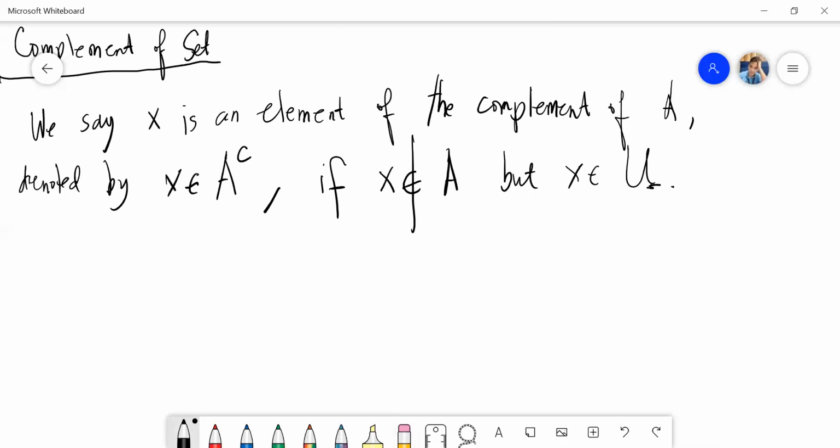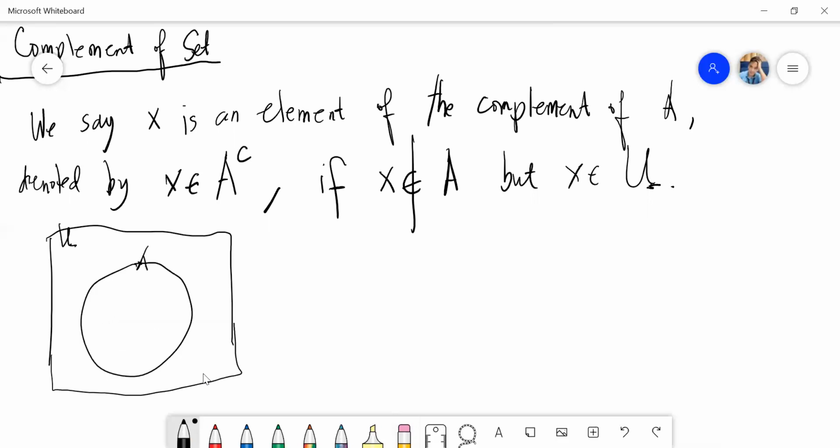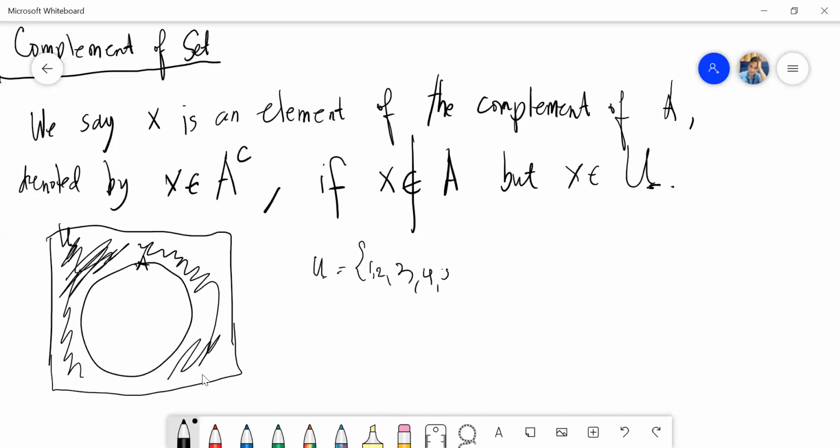The Venn diagram for that is here. This is your universal set. This is your A here. So taking the complement of A, you're actually taking what is not in A. So you're taking outside A, but inside the universal set, of course. So say, for example, your universal set contains 1, 2, 3, 4, and 5. Your A contains 1, 2, 3.